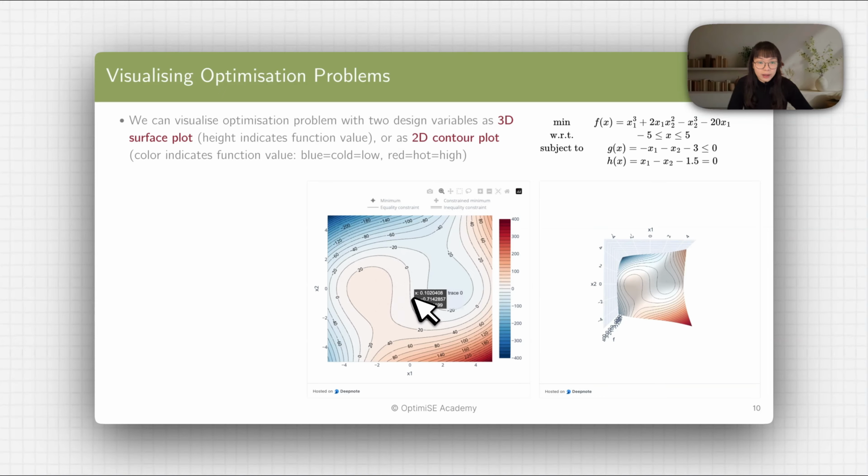And because of the way that we plot all of these contour lines, whenever the contour lines are more densely populated, whenever they're more squashed towards each other, it means that the rate of change is greater. So it's faster and faster to get from minus 40 to minus 60 to minus 80 and so on.